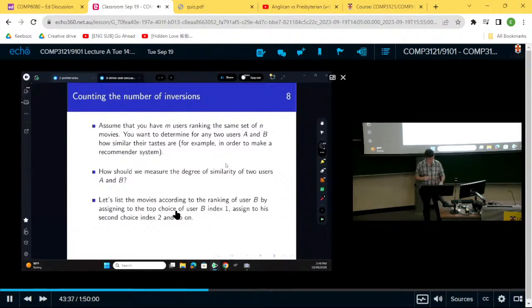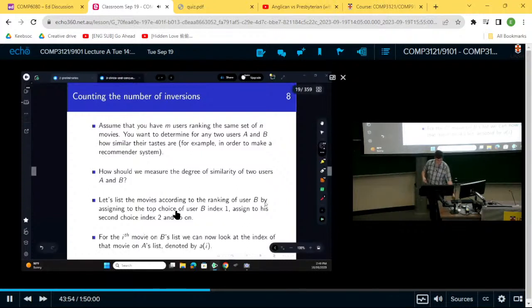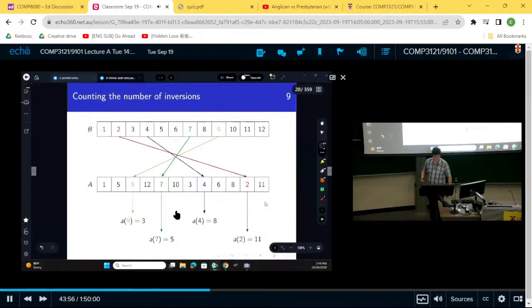You can list all the movies of user B in order, from their most preferred to their least preferred, and then look at how user A ranked the movies. So let's look at the example.